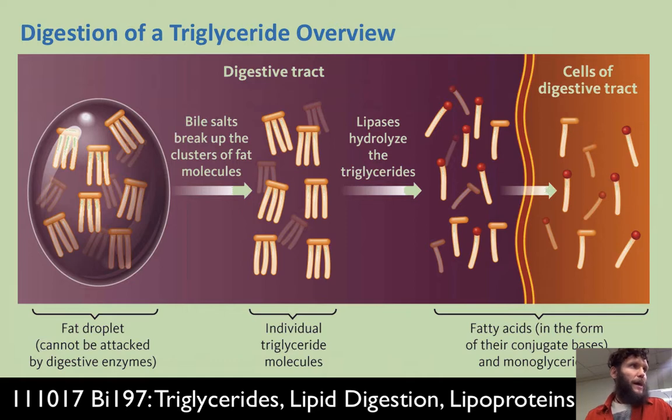So the lipases will hydrolyze the triglycerides to fatty acids and monoglycerides, and then your cells, which are called the enterocytes, we'll see that in a bit, the enterocytes of the gut absorb these free fatty acids. All right?